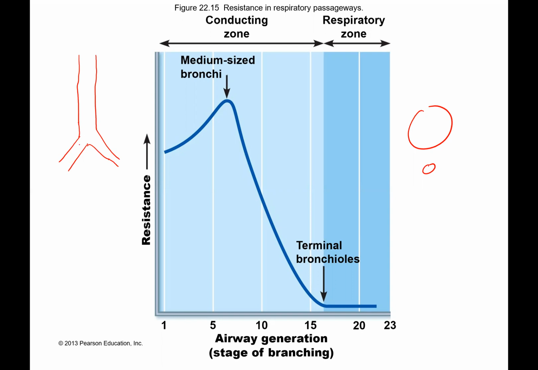bronchi, and I'm going to oversimplify this animation drawing, but you can see that there's a big diameter here and then a smaller diameter there. And the more you work your way toward the terminal ends, the tubes taper smaller and smaller. Okay.